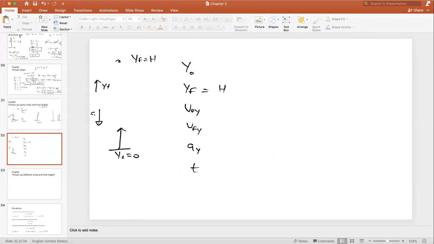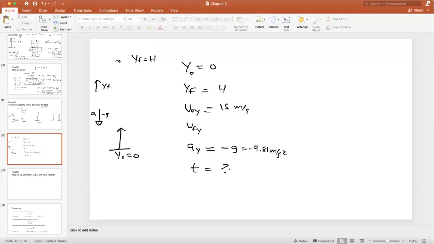A is negative g downward. Well, A is g, but it's negative because it's downward. Negative g, which is negative 9.81 meters per second squared. V initial was 15 meters per second positive. Y initial was 0. Time, I don't know, but it's the time to maximum height.